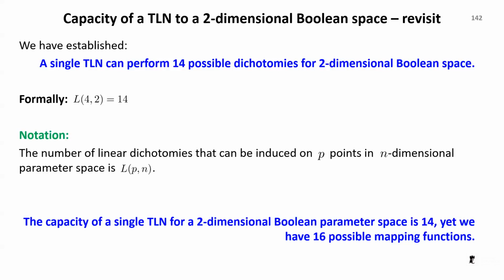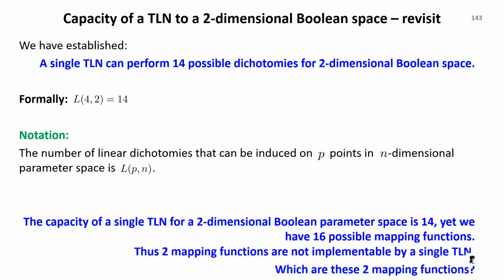So there are more operations on Boolean space compared to the capacity of the perceptron. It means that out of 16, 14 of them can be solved using a single neuron, but 2 of them cannot.